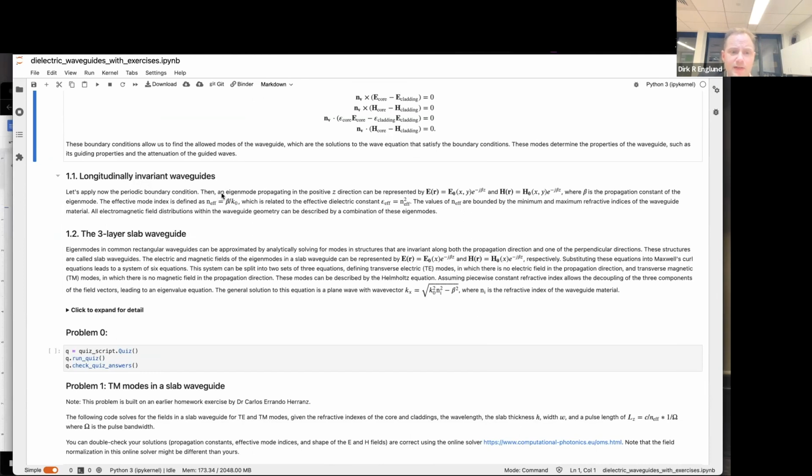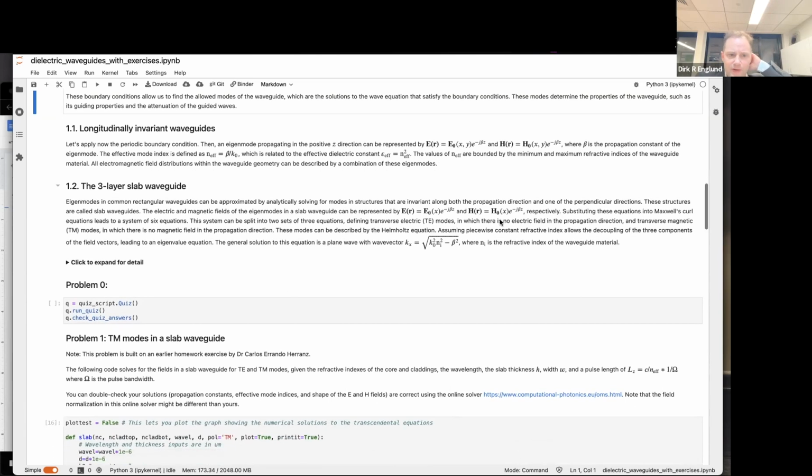That means that an eigenmode propagating in the z direction can be represented in this way, where the periodic boundary condition means that E after some distance Lz is equal to E naught (x, y) e to the j beta Lz, with beta being the propagation constant of the waveguide.